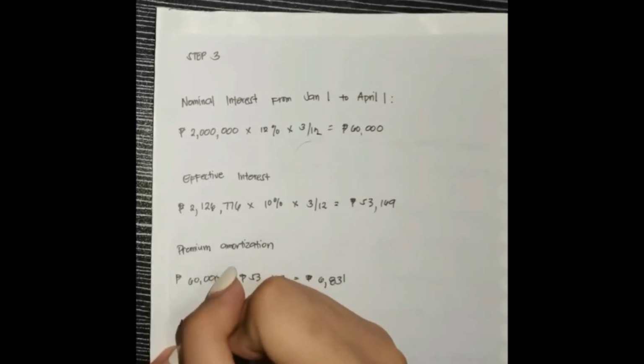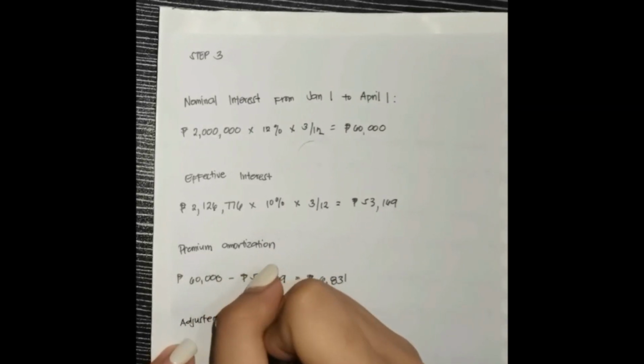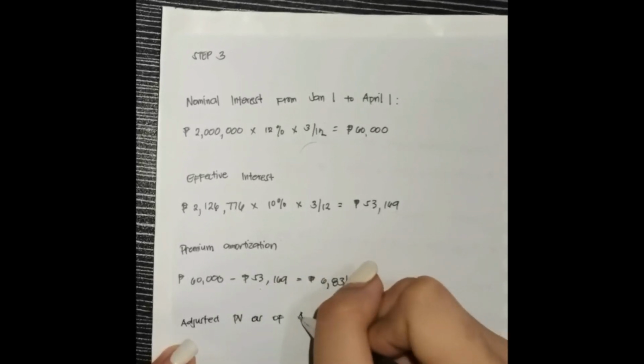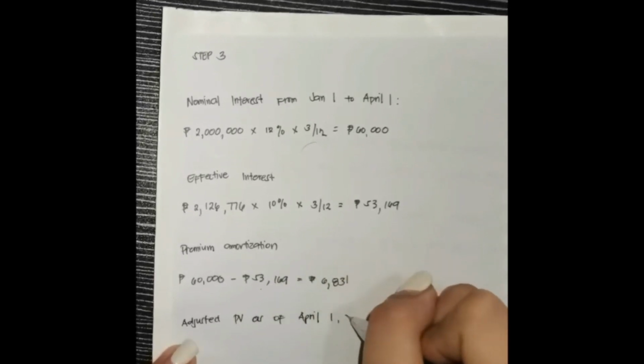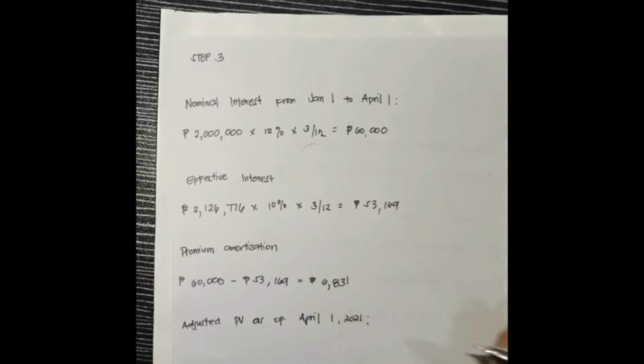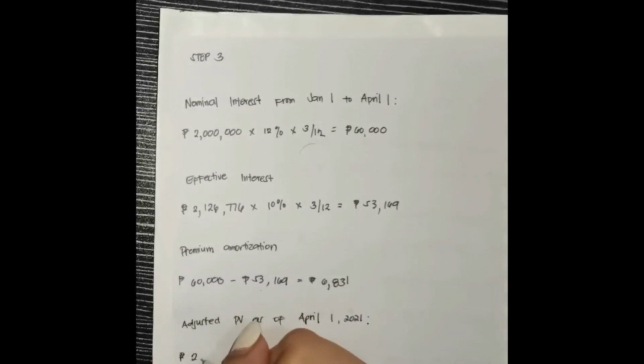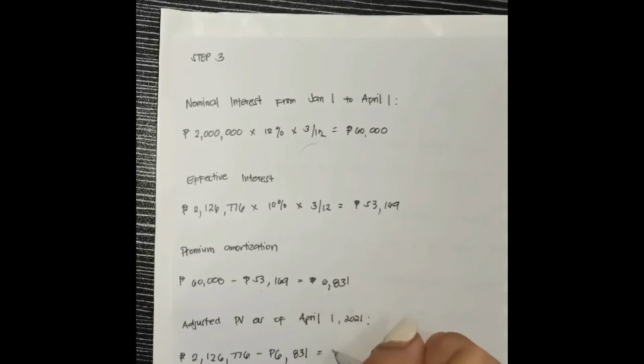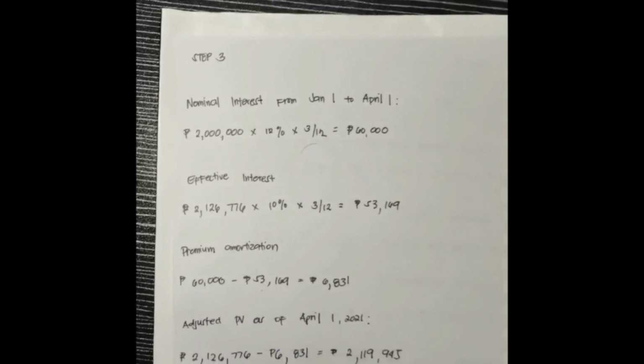So, our adjusted PV as of April 1, 2021 is this: 2,126,776 pesos minus 6,831 pesos, and that is equals to 2,119,945 pesos.